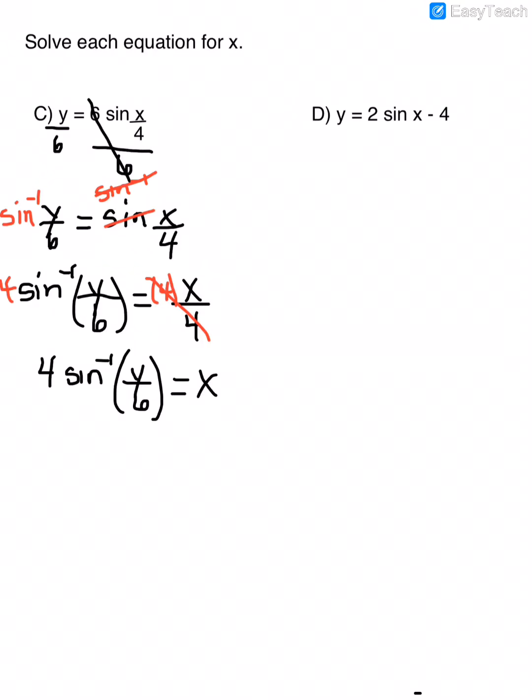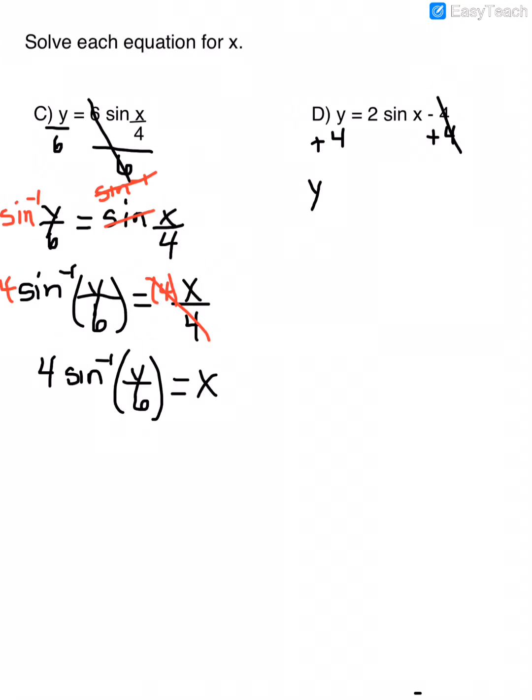In D we have y is equal to 2 sine of x minus 4. Remember, when we're solving an equation for a specific variable, we undo addition and subtraction before we undo multiplication or division. Since I have that minus 4, the first thing I'm going to do is add 4 to both sides.